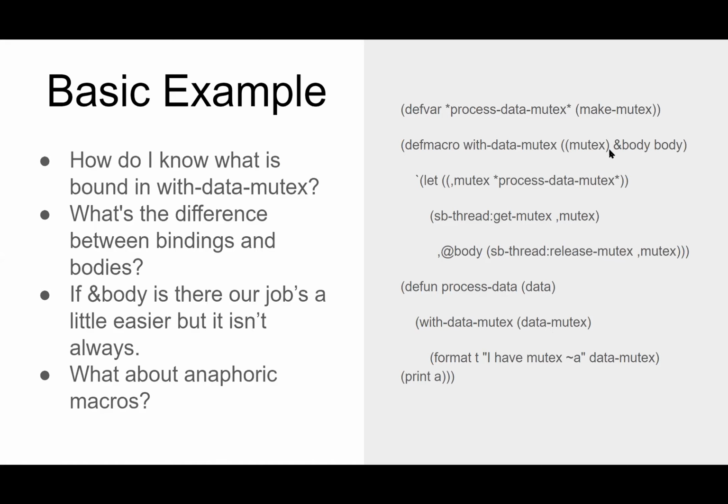If I look at the macro call, it looks like its body being bound, this body. Well, thankfully we put the &body there, so we know that that's the body of the code, and so it's not being bound. But it's not obvious what's being bound.